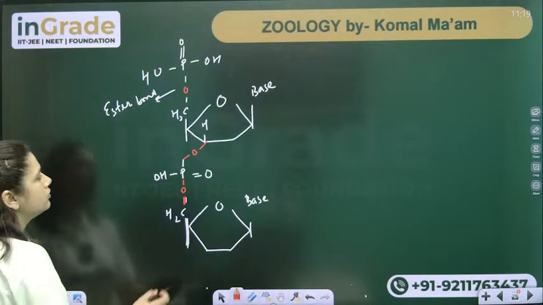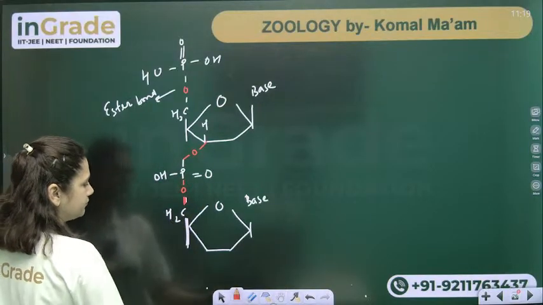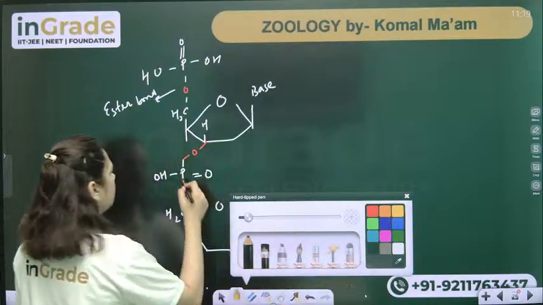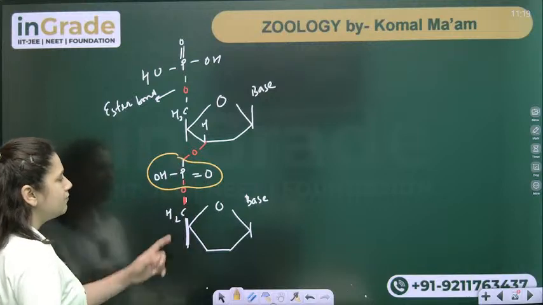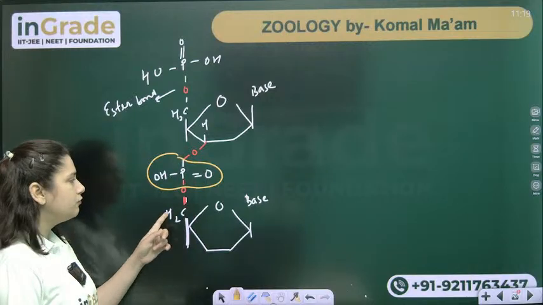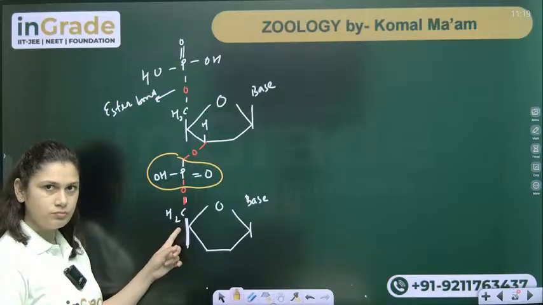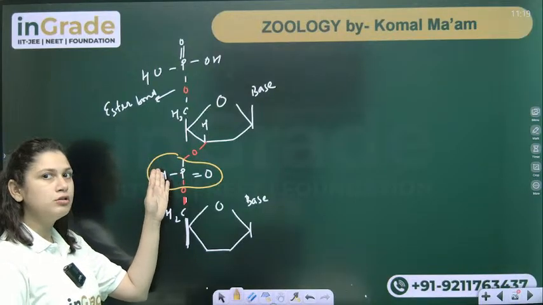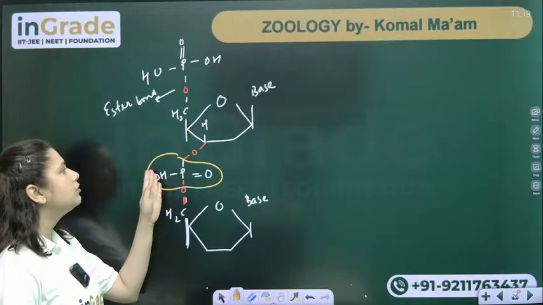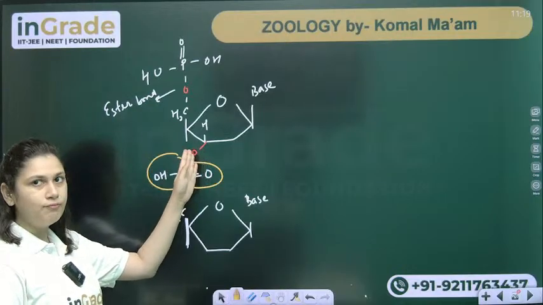Now this particular phosphate has an ester bond with the fifth carbon of the next sugar, and this particular phosphate also has an ester bond with the third carbon of the previous sugar.